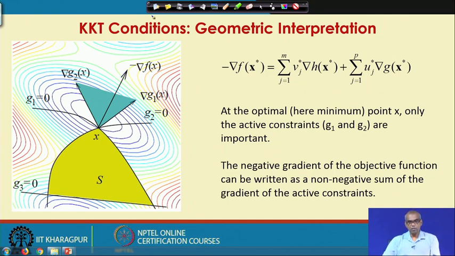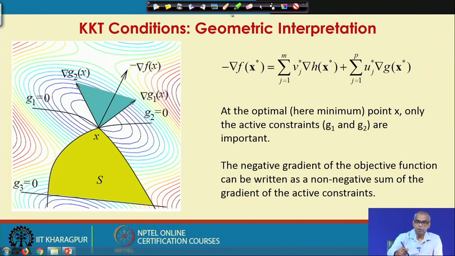You can also say the negative of the gradient is contained in the cone created by the gradients of the active constraints. Note that we are minimizing a function and the function value increases in this direction. So, the gradient of the objective function points in this direction.